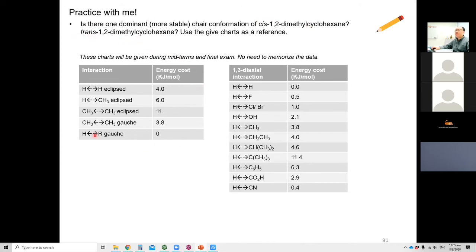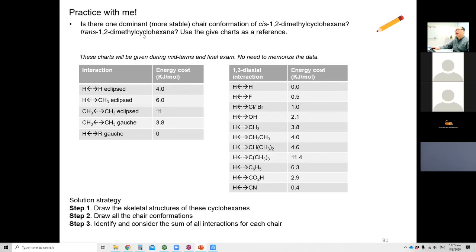If I give you all these energy differences, could you tell me, for each of them, which chair conformation is the majority of the mixture? The solution strategy for these types of questions, if you encounter them in the final exam or midterms, is as follows. First, you should draw the skeletal structures of these cyclohexanes to figure out what they look like.